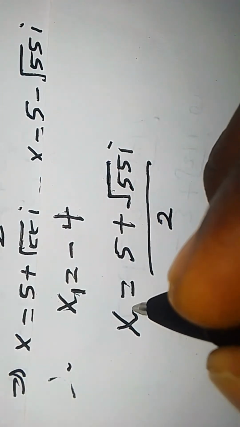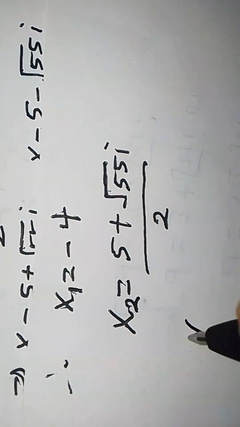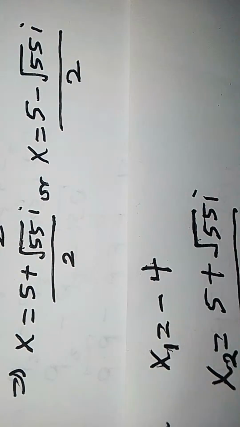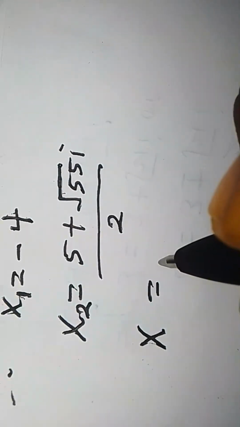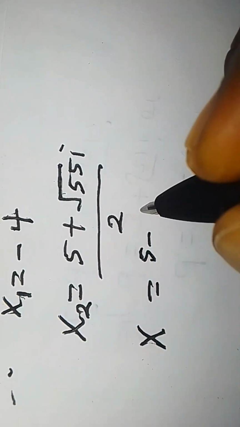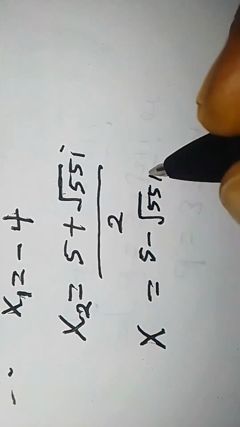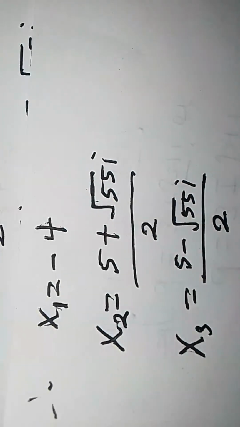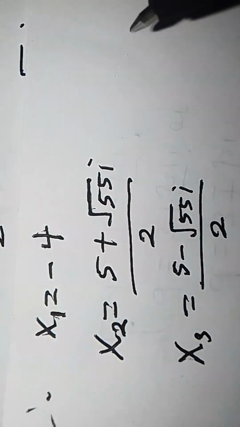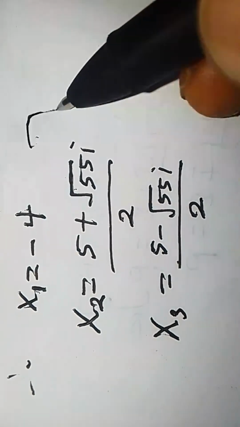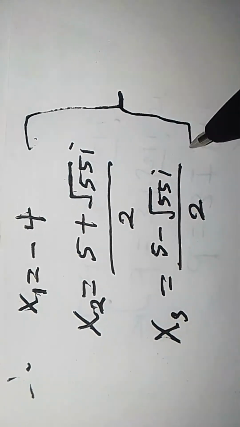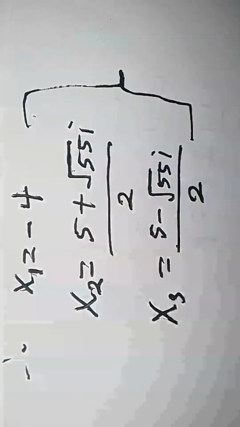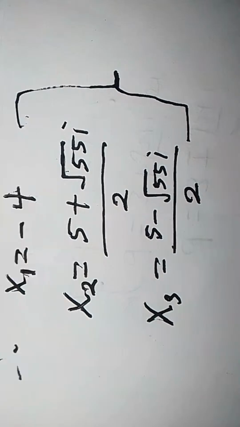This is the second solution. Let's call it x2. And the last but not the least, x equals to the third solution, that is 5 minus square root of 55i divided by 2. Let's call it x3. You will see that we have 3 distinct solutions for this math Olympiad question, 1 real solution and 2 complex solutions.